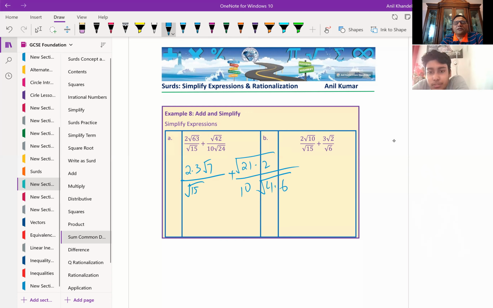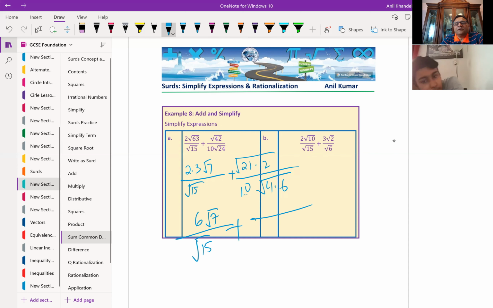So, common denominator is what for us? 2. So, what is the common denominator? This is 20 square root 6, right? Yeah, sir. So we get here 6 square root 7 over square root 15 plus. This gives us, well, that doesn't really help, but can we cancel something?